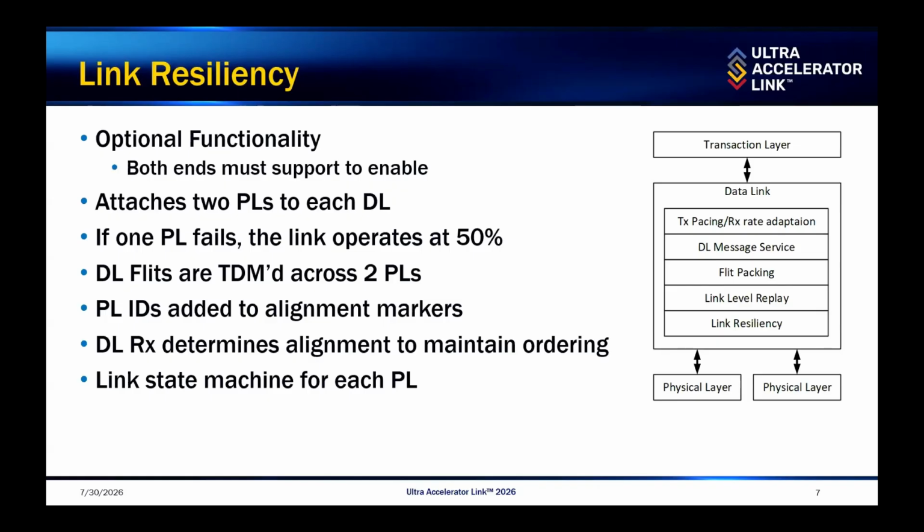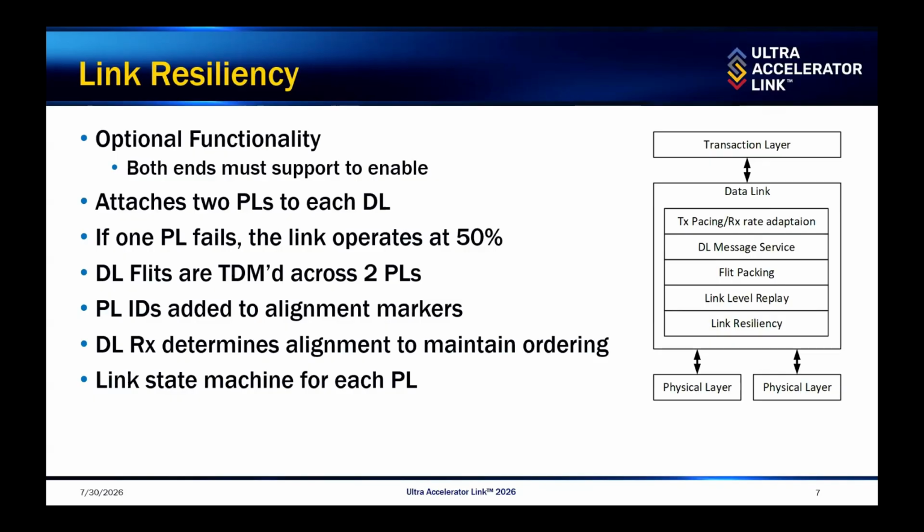Link resiliency was another ECN that we added. Again, that was around the concerns of link flapping and potentially the link going down and not being able to be recovered within that 10 millisecond maximum timeout. So the concept here is that there be 2 physical layers associated with each transaction layer and data link layer.